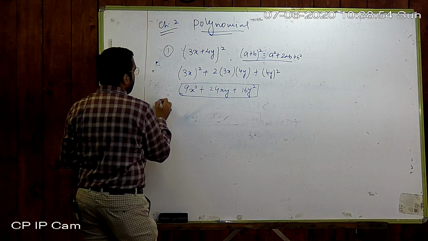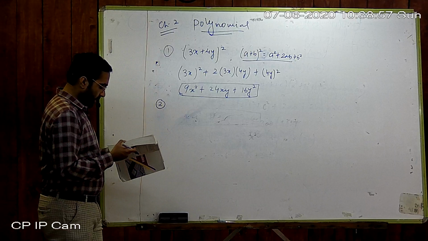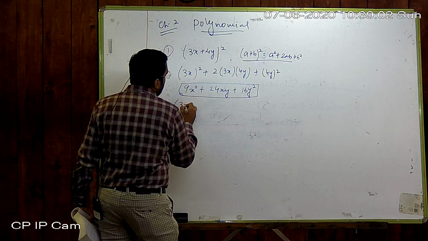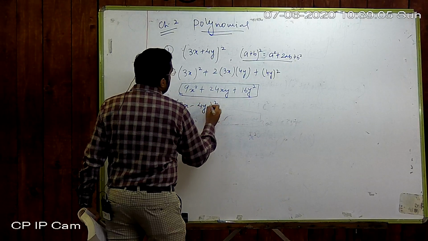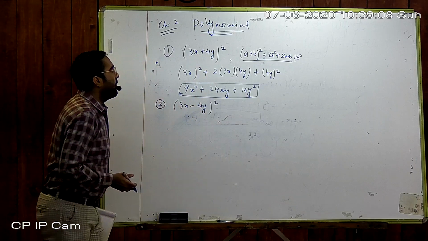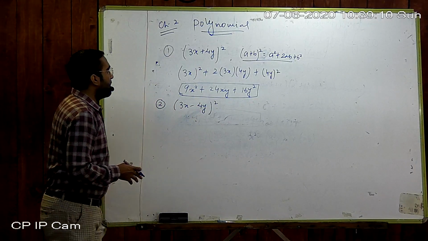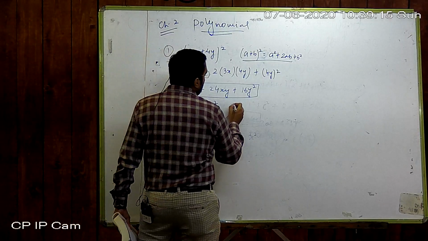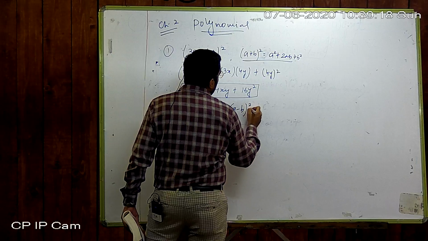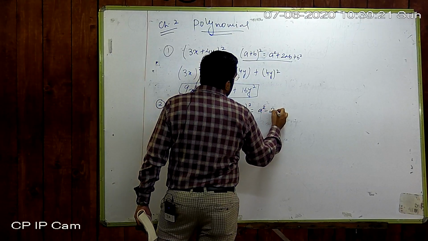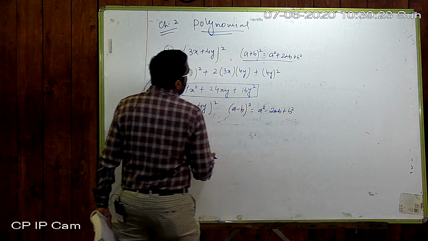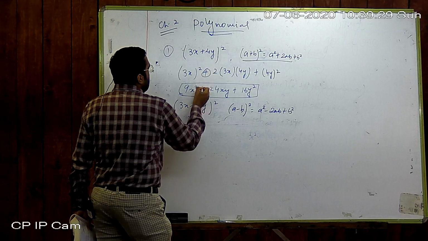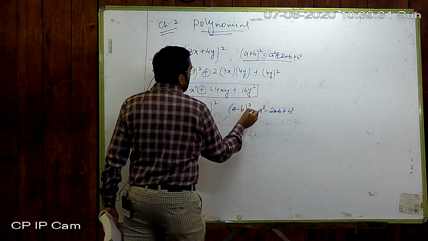Second example, 3x minus 4y whole square. Here is the difference between these two sums, only the different signs. So we have to use (a minus b) whole square as a square minus 2ab plus b square. There is nothing else that changes between these two sums; the only change is the difference of sign.